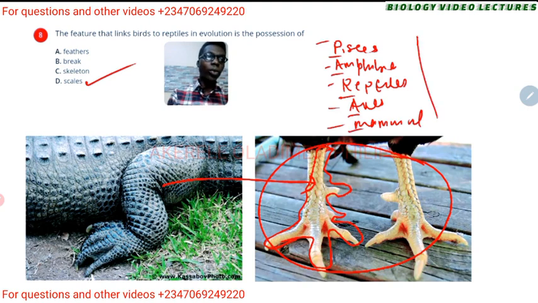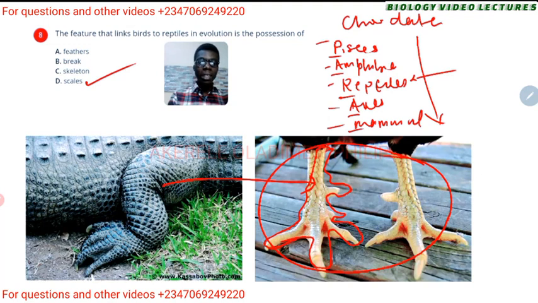So as you move this way, the organisms are becoming more advanced. So the reptiles really have the scales on them, while birds still have a little remain of scales on the feet.